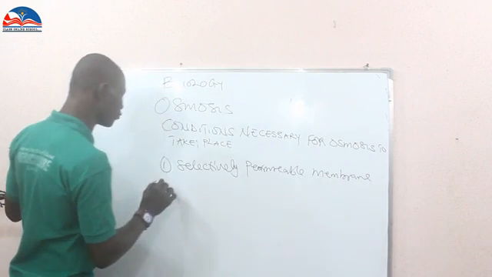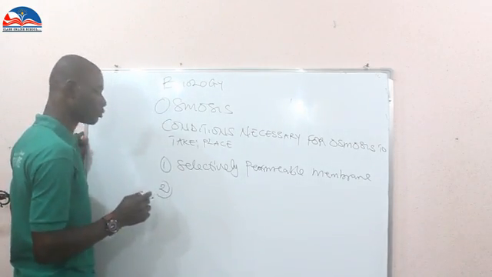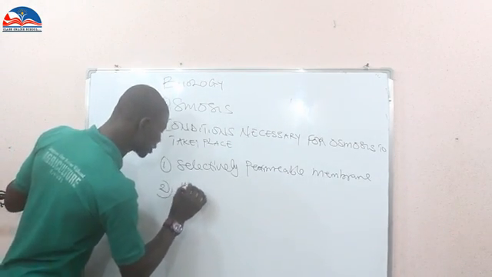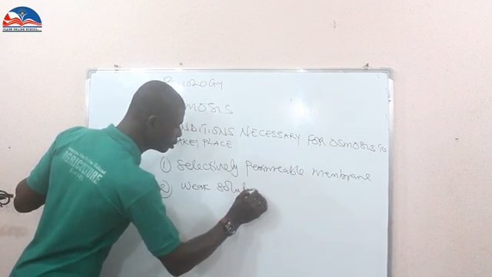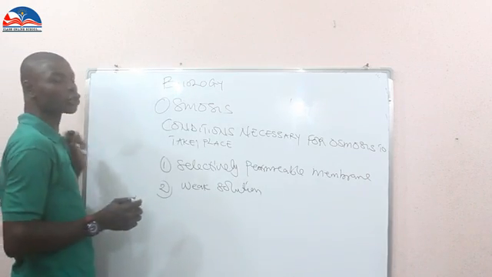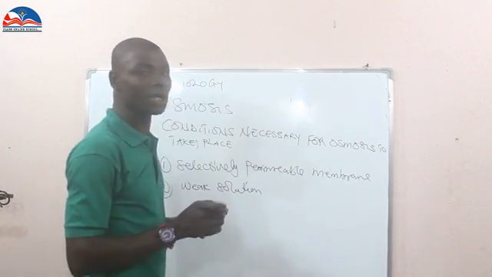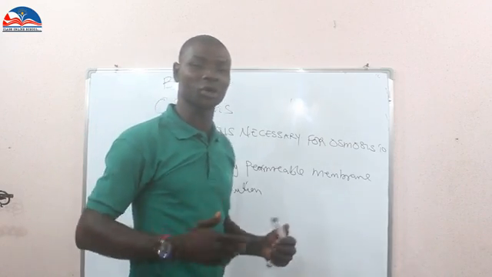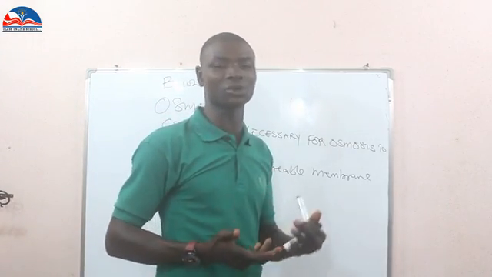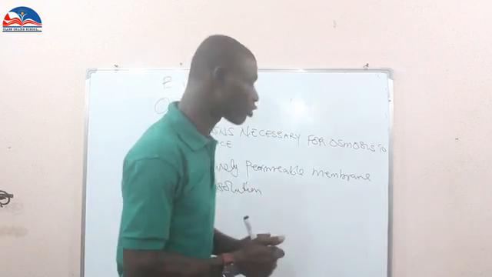Now we also must have the number two condition: there must be a weaker solution. What is this weaker solution? The weaker solution now becomes the bread, because it's through that bread that the water gets in before it touches the sugar.